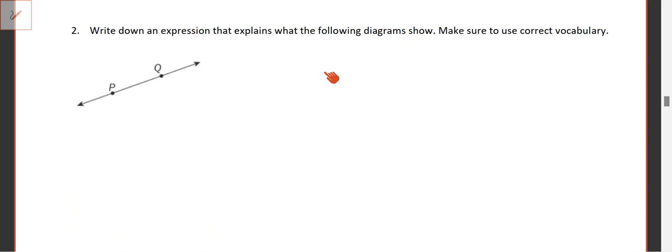Two ways to get this correct. Write down an expression that explains what the following diagram shows. So looking at question 1, we could have written P, Q, and that. I accepted that, but I also accepted what? So what would it be?